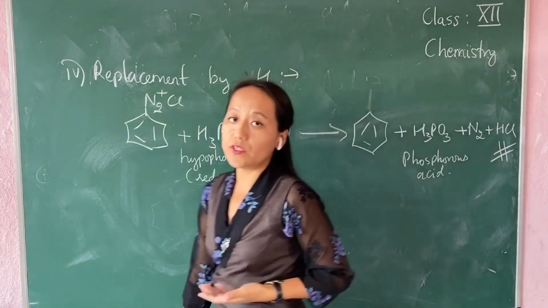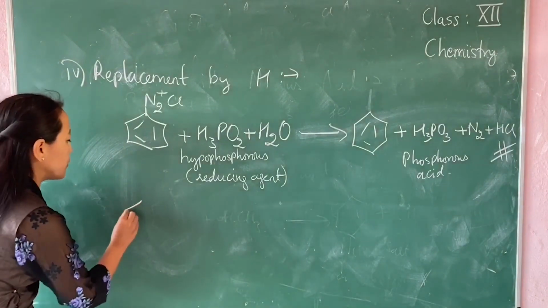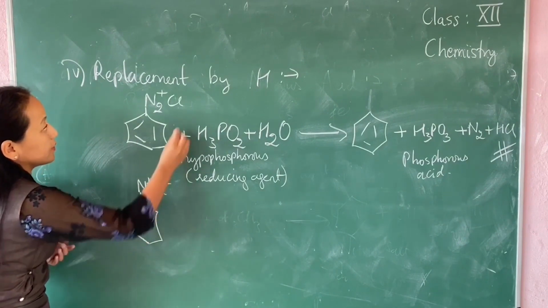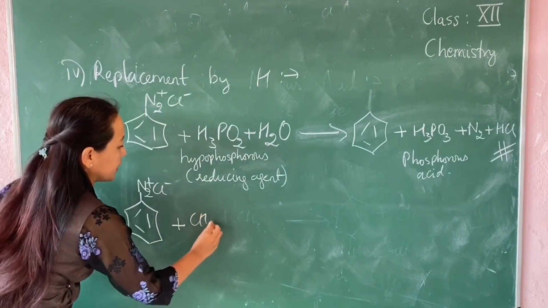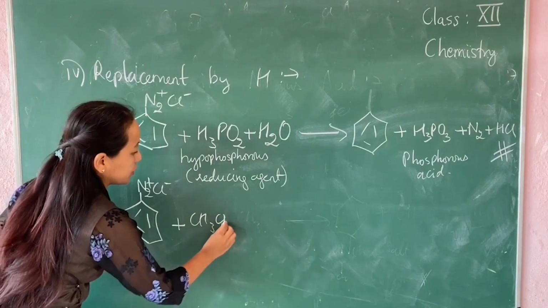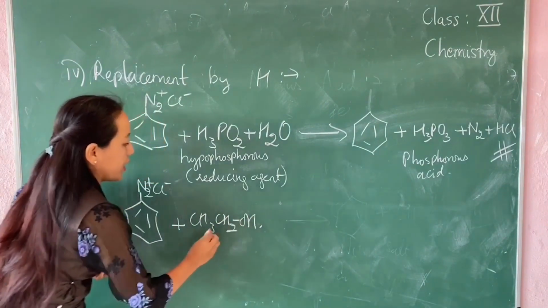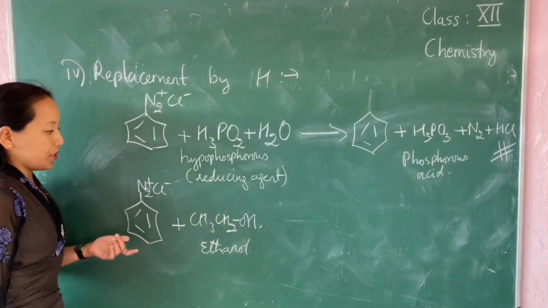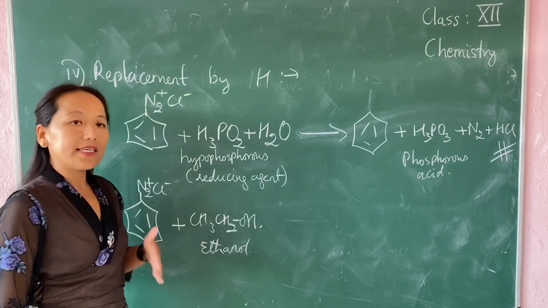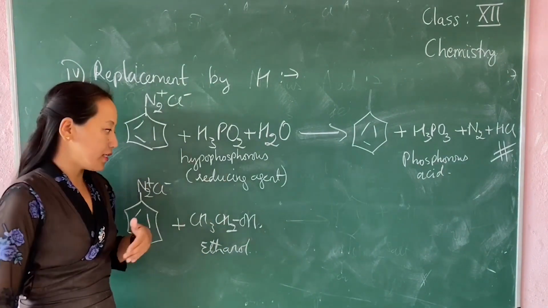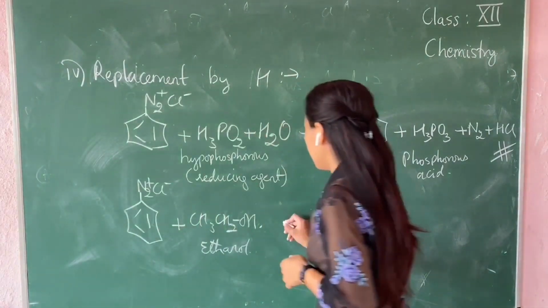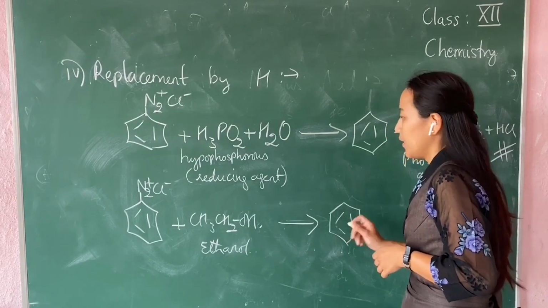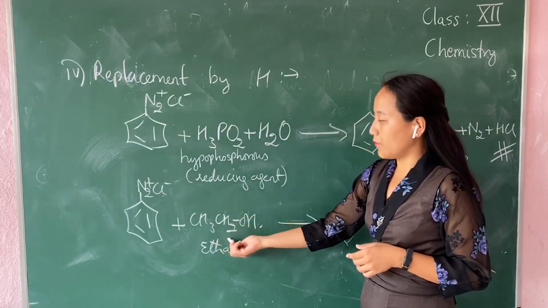Okay, now instead of hypophosphorus acid, you can also use alcohol as the reducing agent. N2 plus Cl minus plus CH3CH2OH, ethanol, can also be used as the reducing agent. So alcohol, when it is acting as a reducing agent, it gets oxidized. So what happens is, again, this group will be replaced by a hydrogen atom from this.